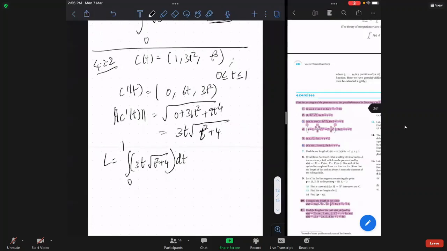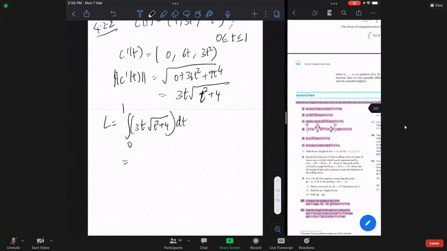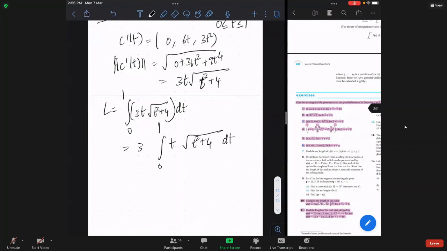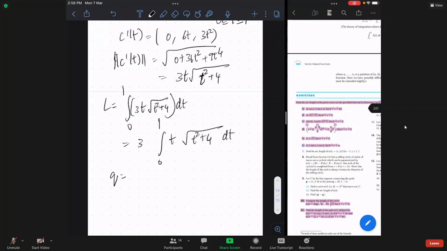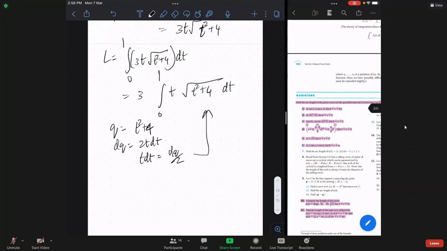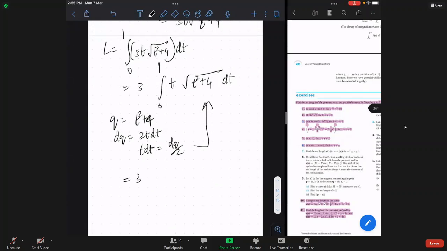So let's see how we can integrate this. I'll take 3 outside: integral from 0 to 1 of t times root of t square plus 4 dt. Let me take q as t square plus 4. So my dq is 2t dt, or t dt is dq by 2. I'm using the method of substitution.